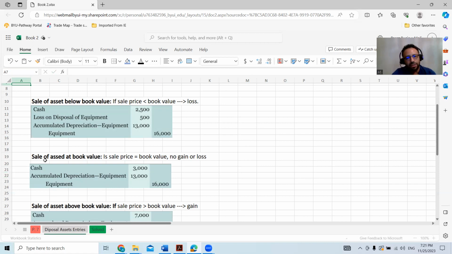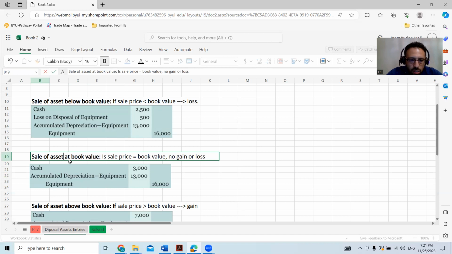Sale of asset at book value is sell price equals book value, no gain or loss.